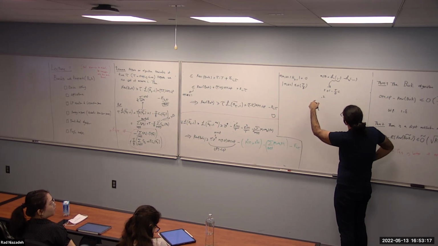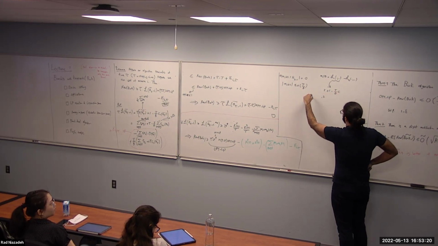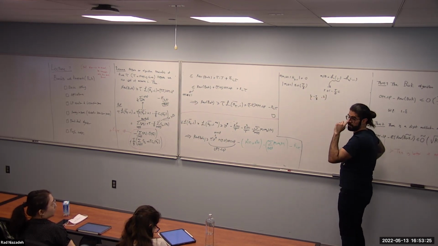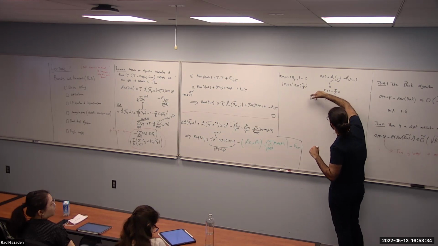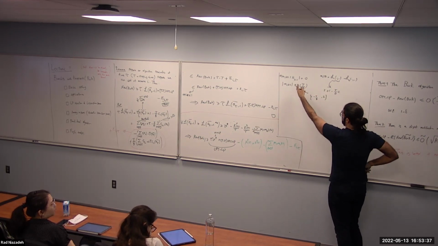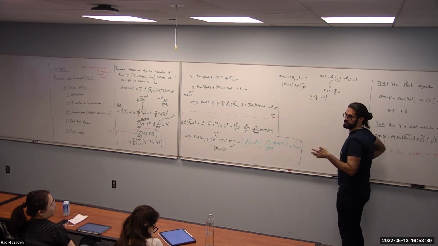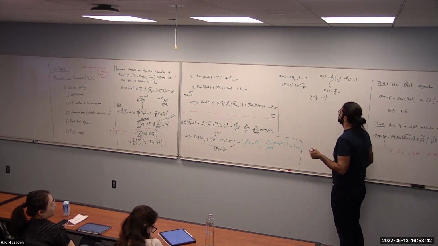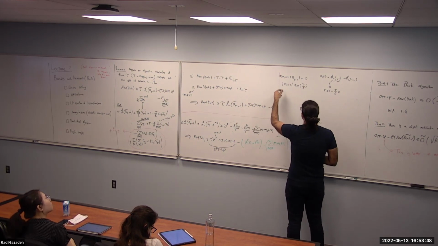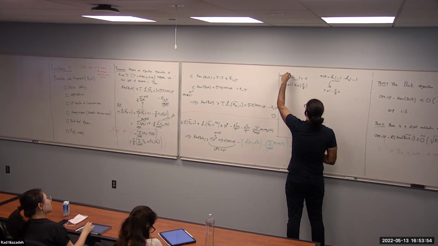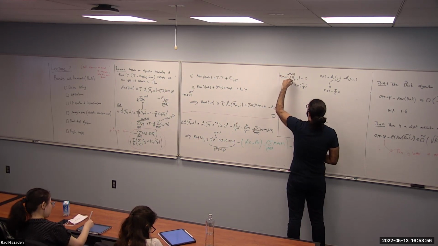The minimum quantity it can take is when this is 0 and this is 1, so it's going to be 1 minus t over b. Think about the regime where b is small. Then this is going to be minus t over b. The absolute value is going to be bounded by order t over b. And same for M2. In fact, if I look at M1 plus M2, I can say the same thing.